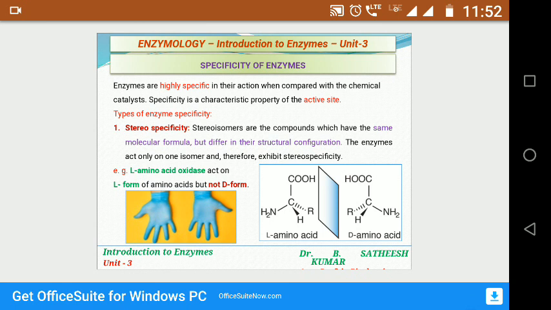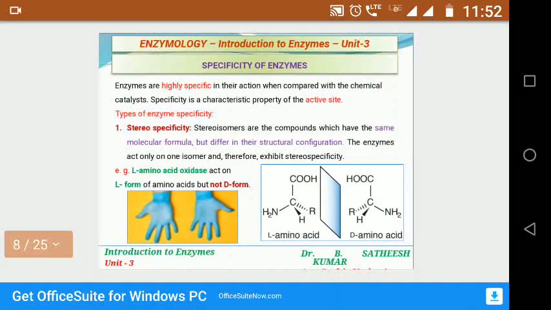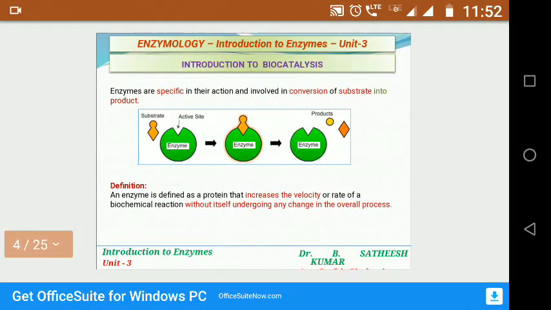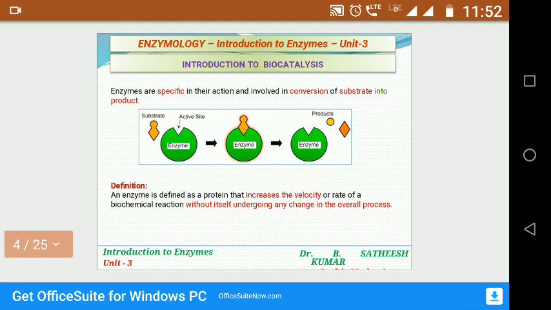Okay, so in that part we have several important topics. The first and very important topic is specificity of enzyme. Okay, we saw in the slide at the very beginning that the enzyme interacts only with its substrate, not with other substrates. Why? Because there is specificity between the substrate and the enzyme. Specific non-covalent interaction takes place between the substrate and its enzyme only.